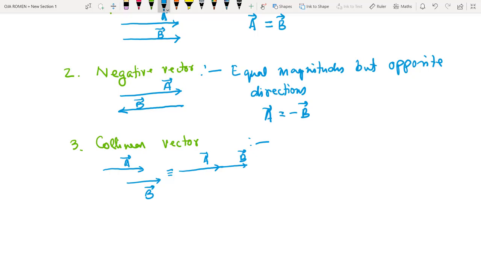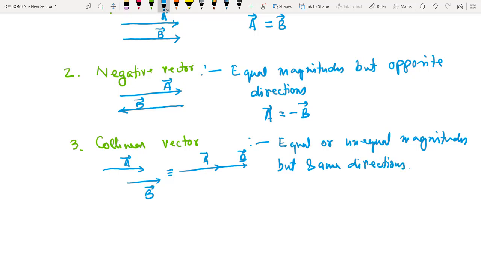They may have equal or unequal magnitude, but same direction.